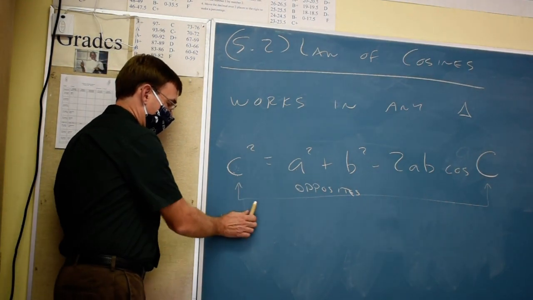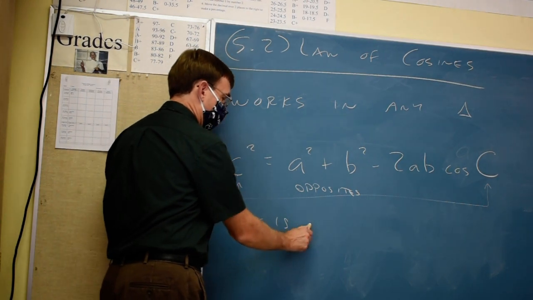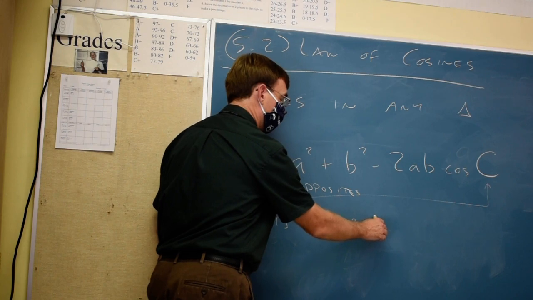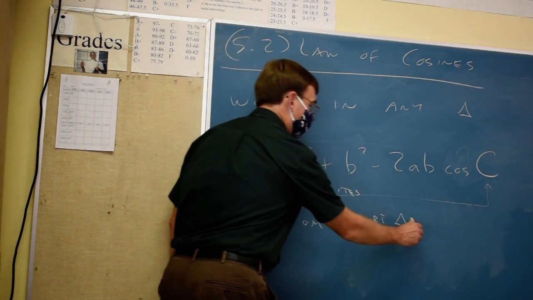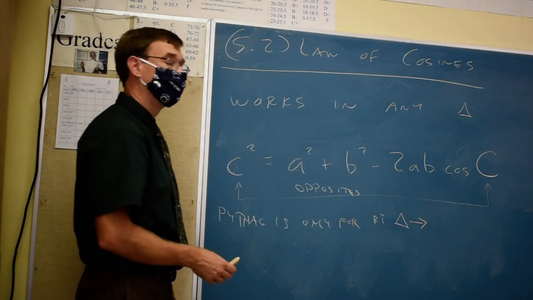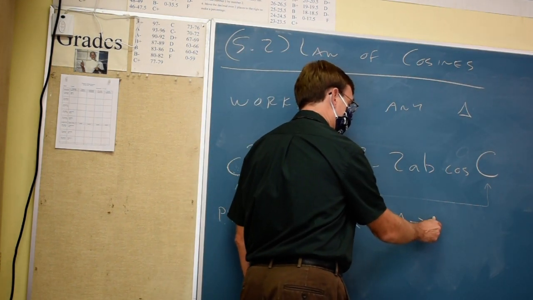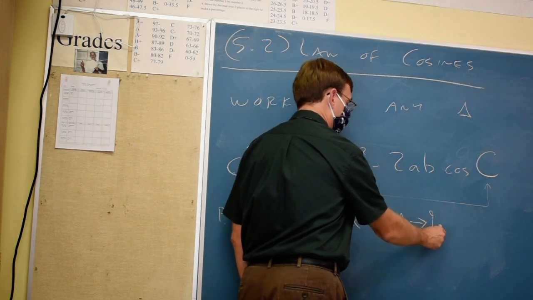The Pythagorean Theorem is only for right triangles. What does right triangle mean? It has a right angle, which means, what's a right angle mean? 90 degrees. There's a 90-degree angle.